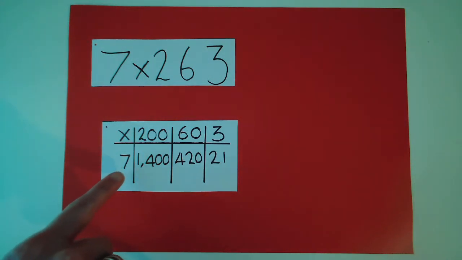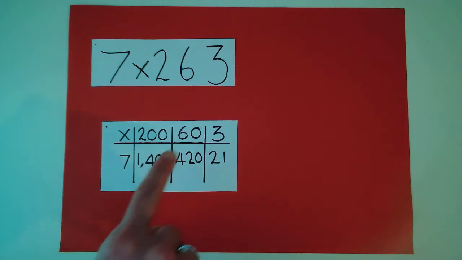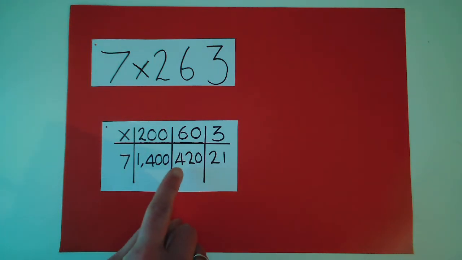So first of all we do 7 times 200, and if you weren't sure you could have done 7 times 2 which equals 14, and then add our zeros, and then we have 7 times 60 which is 420. Again, you could have done 7 times 6 to get 42 first.